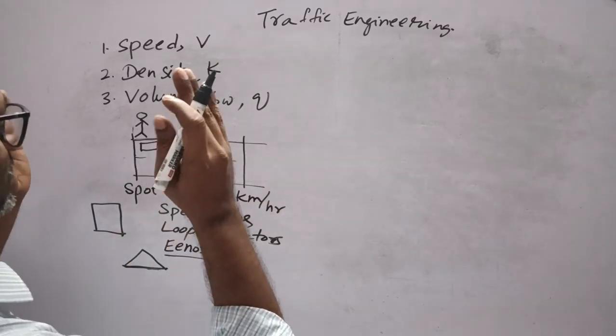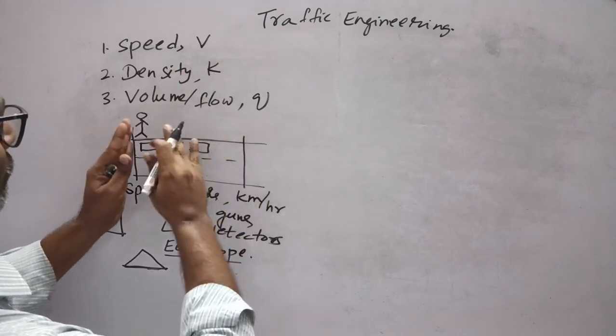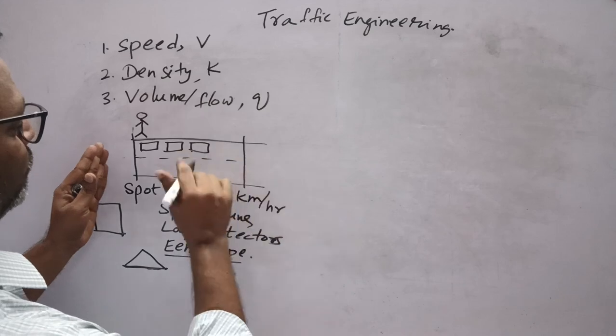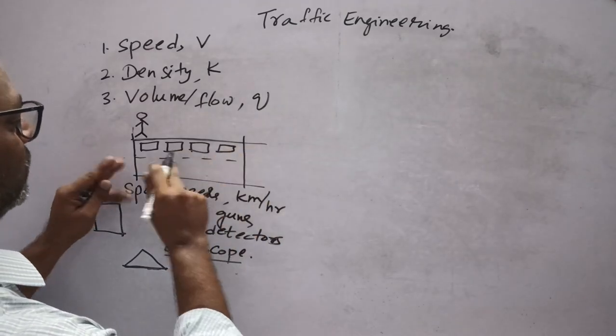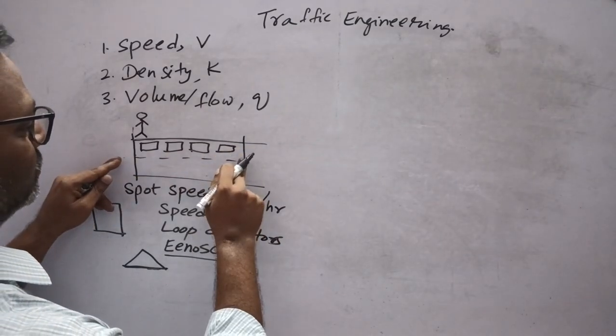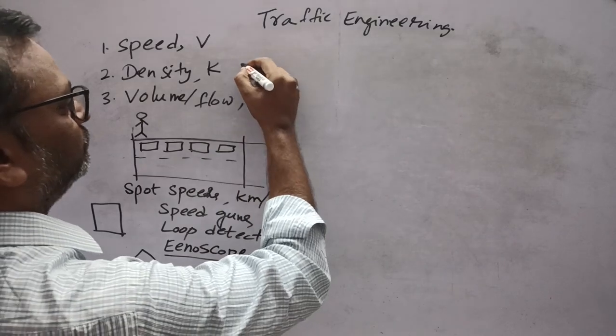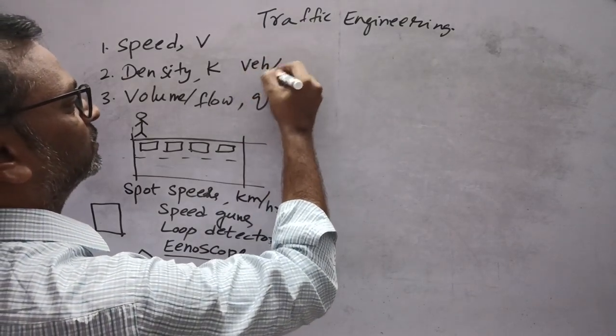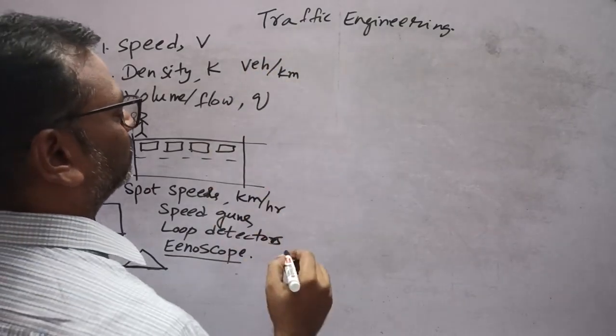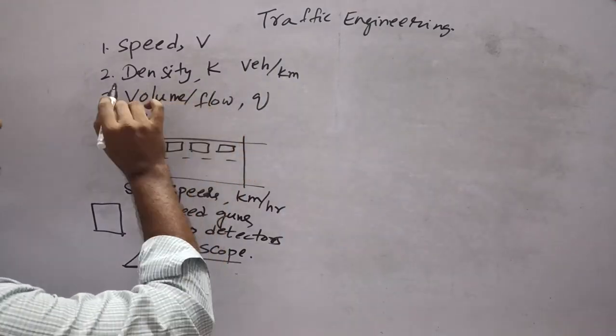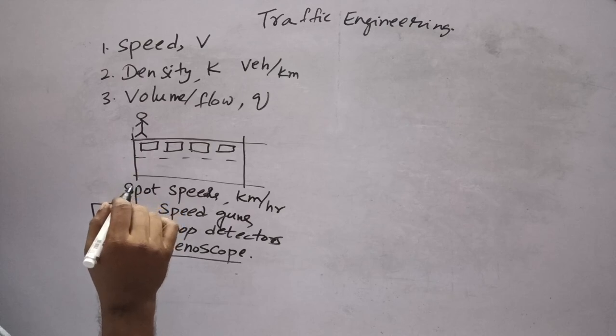Suppose we have taken some aerial photograph of this particular road, then we can count the number of vehicles and convert it into vehicles per kilometer. So that's how we determine density in general.